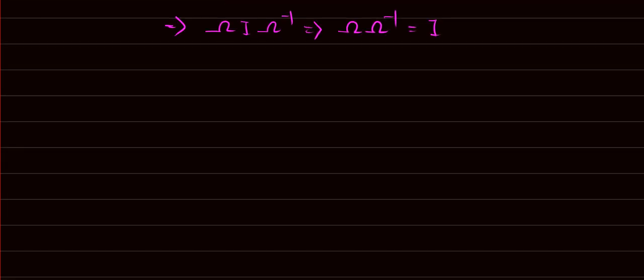So next, this is our introduction to linear operators, and in the previous lecture we showed that we can express our bra vectors and ket vectors in matrix form. So our next target is to show what will be the matrix form of linear operators.